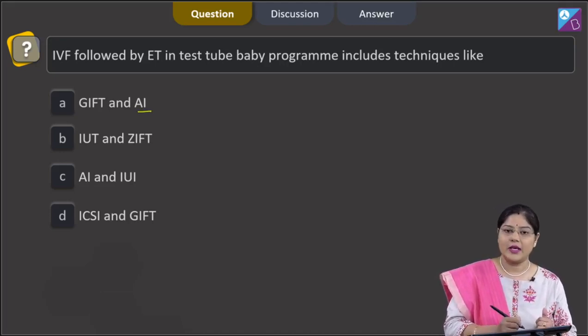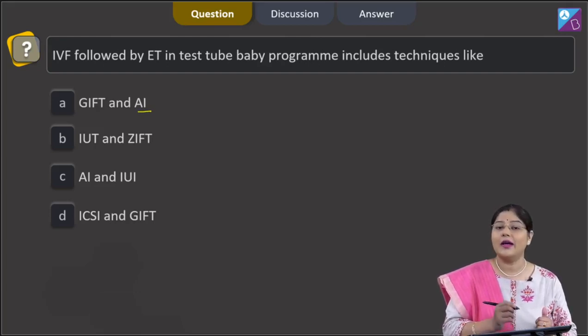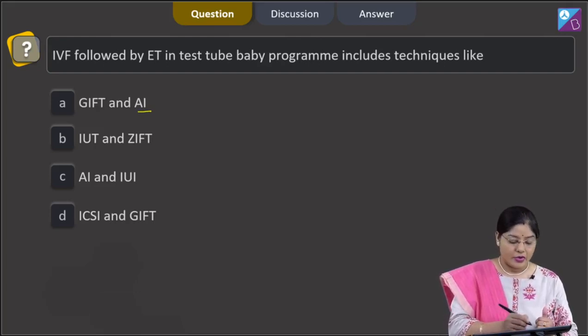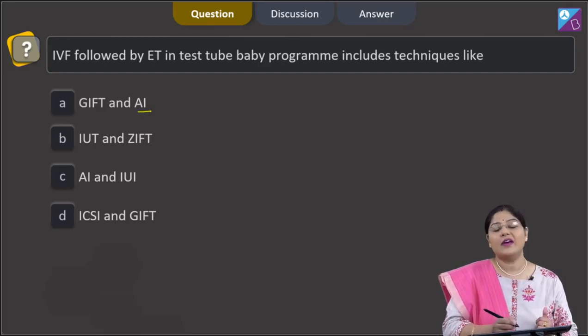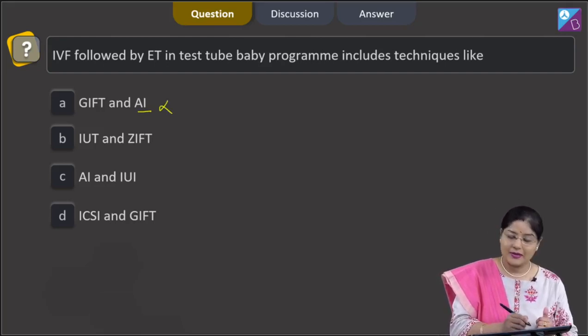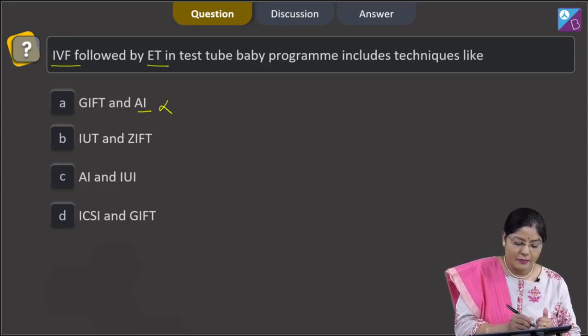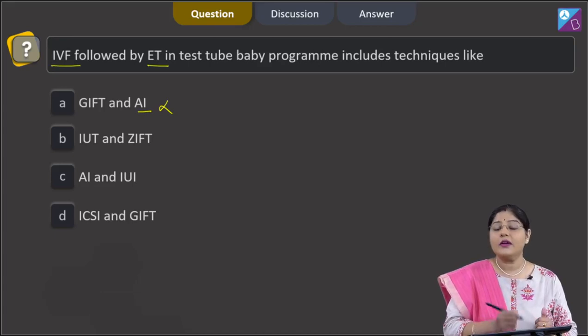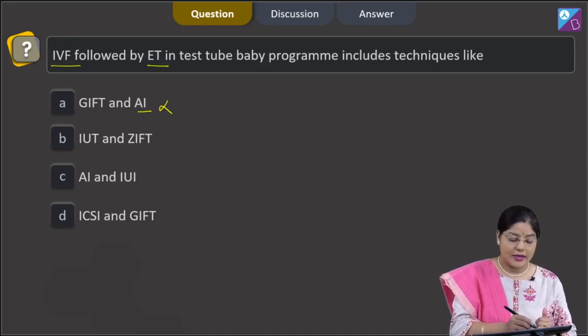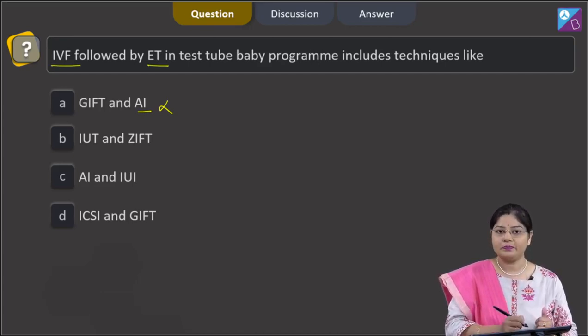In artificial insemination, semen is deposited either in vagina or in uterus with the help of AI gun. So, in AI also in vivo fertilization occurs. So, this cannot be a correct answer as the question is asking about the techniques which are included in IVF and ET. IVF stands for in vitro fertilization, and ET means embryo transfer.